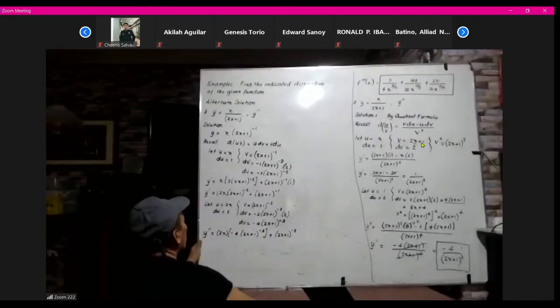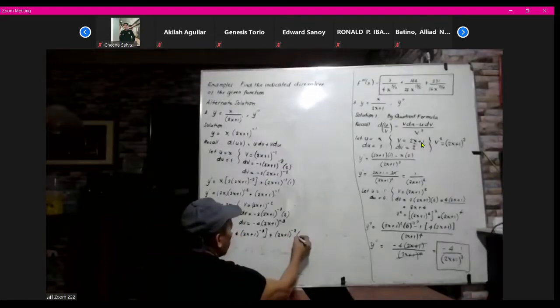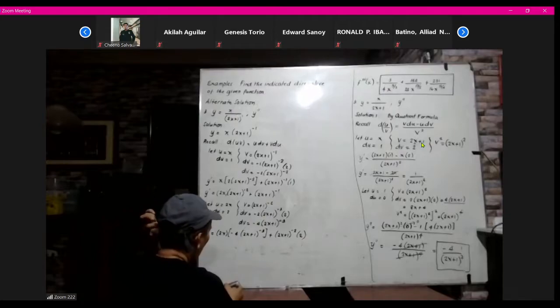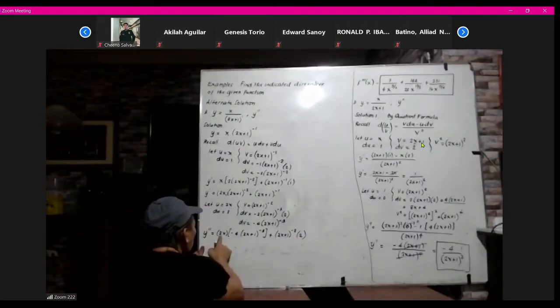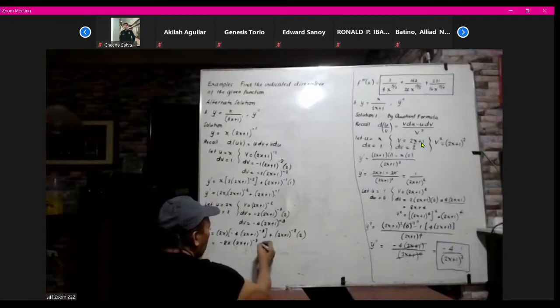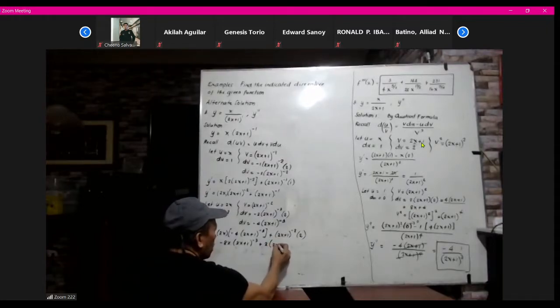How about our du? Our du is equal to 2. Ayan. So therefore, ang mangyayari dito ay ito na. 2x times negative 4 is equal to negative 8x. Then times 2x plus 1 raised to negative 3. Then this one plus 2. Then we have multiplied by 2x plus 1 raised to negative 2.